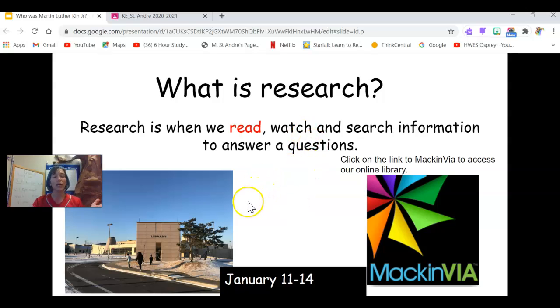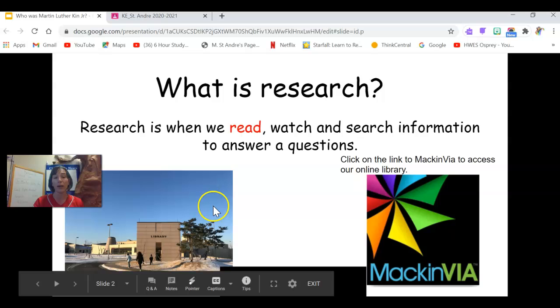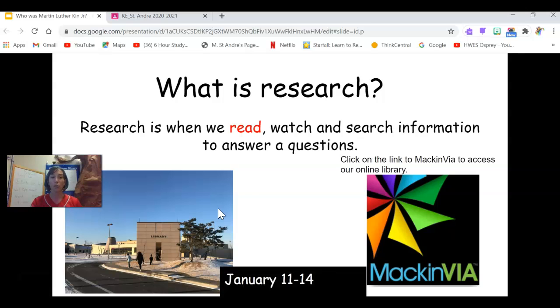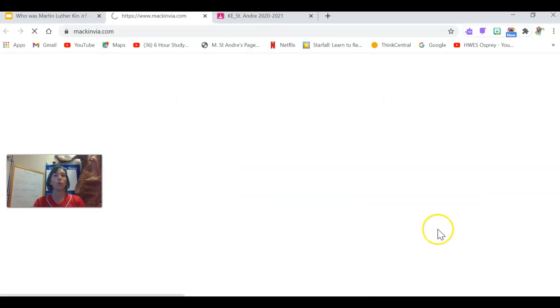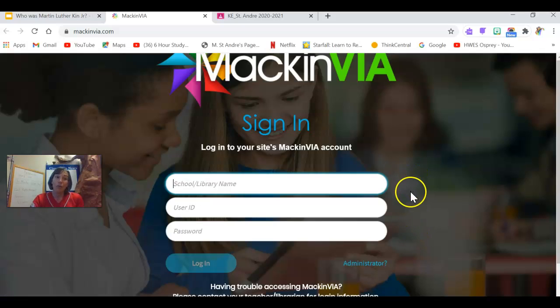Of course you can go to the library and get out a book, and that will help you learn about Dr. Martin Luther King Jr., but we're supposed to be staying at home as much as possible. So one way that you can do this is go to MackinVia, which is our online library while we are in remote learning and even when we're in school. If you don't know how to sign into MackinVia or how to get there, no problem.